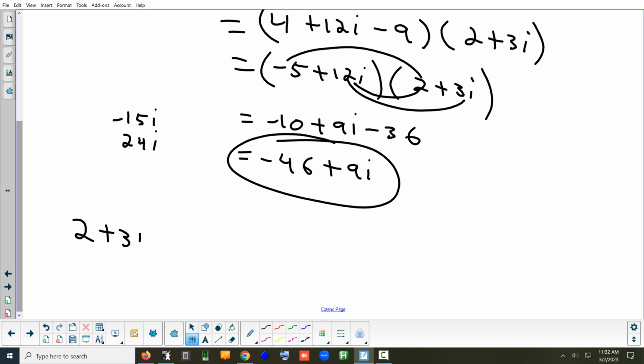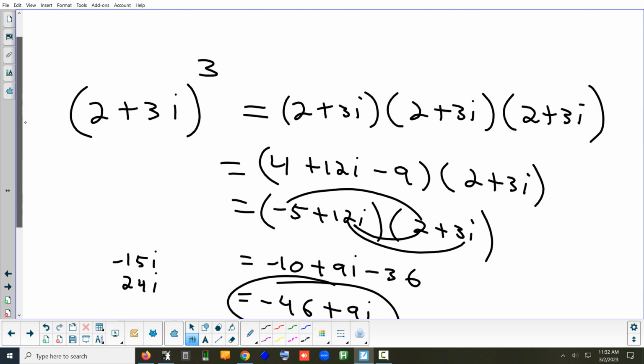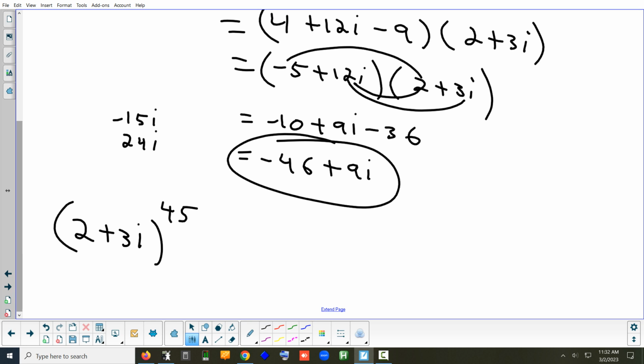Now, if we had something like that, you're going to have to write in standard form 2 plus 3i 45 times, FOIL it all out. You may start to see some tricks, because now that we know 2 plus 3i cubed, you could write this as a bunch of powers of 3, all multiplied together, and actually 15 of them.